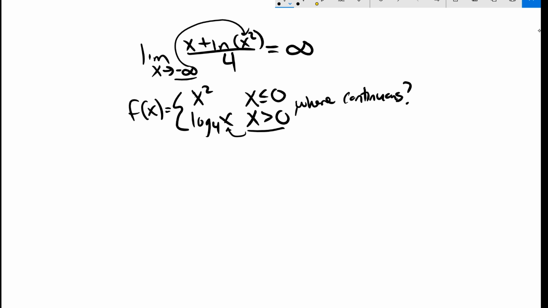I'm succeeding at the log thing, because I'm not allowed to have zeros or negatives, so bigger than 0, totally fine. Okay, but I have to evaluate at 0 because piecewise functions, I gotta evaluate at where their joint is to see if that works. If I plug 0 into x squared, I get 0. If I plug 0 into log base 4 of x, log base 4 of 0 is super undefined.